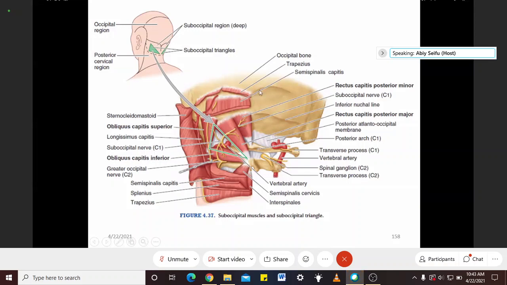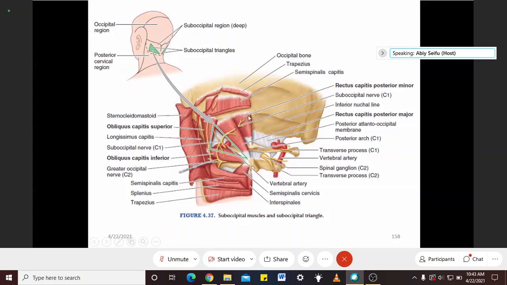Look, then, at the muscles which run from the posterior tubercle of the posterior arch of C1: the rectus capitis posterior minor, which inserts on the medial part of the inferior nuchal line.